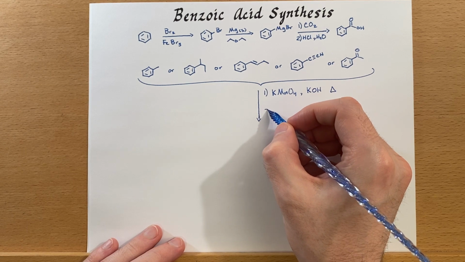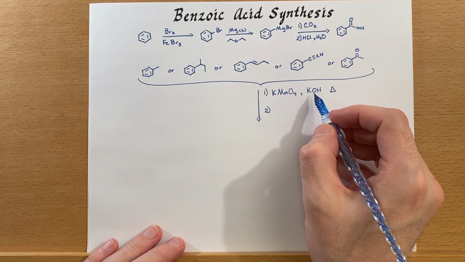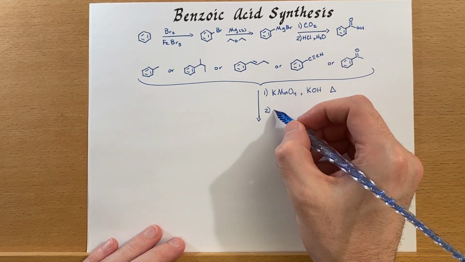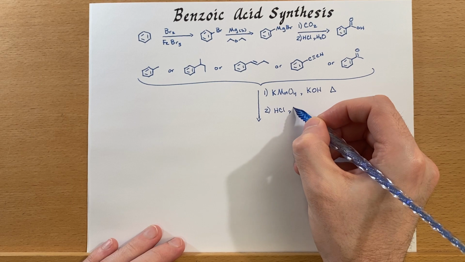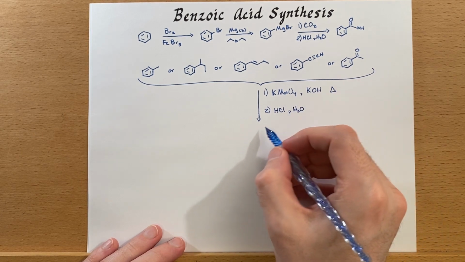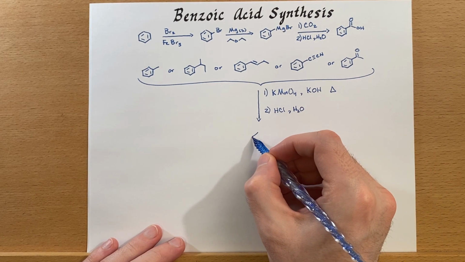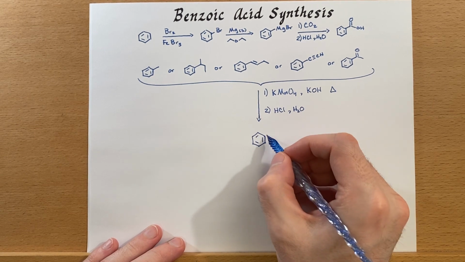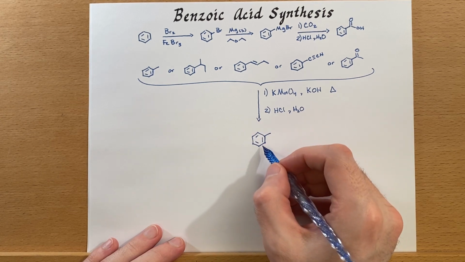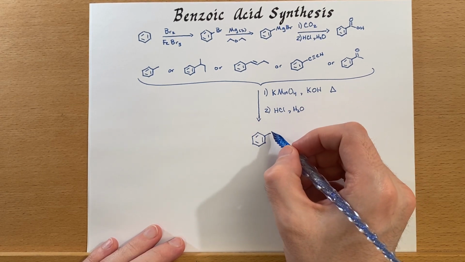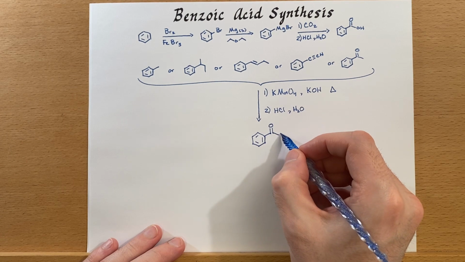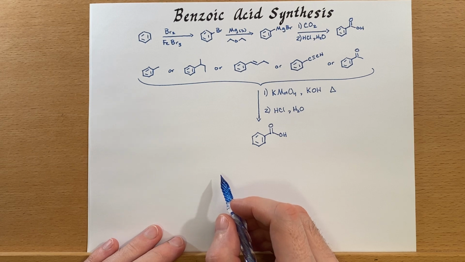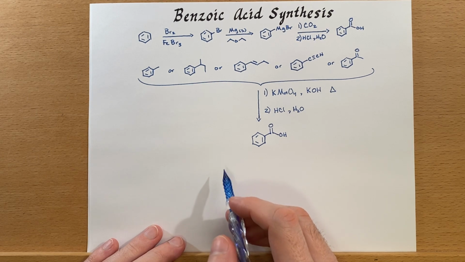And then in the second step, because we have potassium hydroxide in here, and we'd really like to get to the benzoic acid, we'll have to protonate it. And then at that point, we can generate our benzoic acid. Of course, we may also be able to have some other groups on here and make something a little bit more interesting than just benzoic acid.